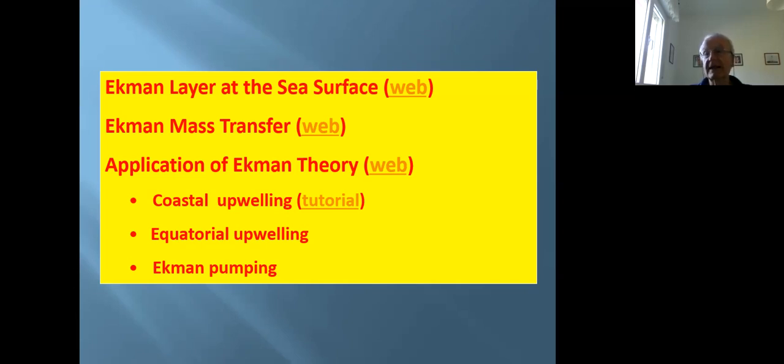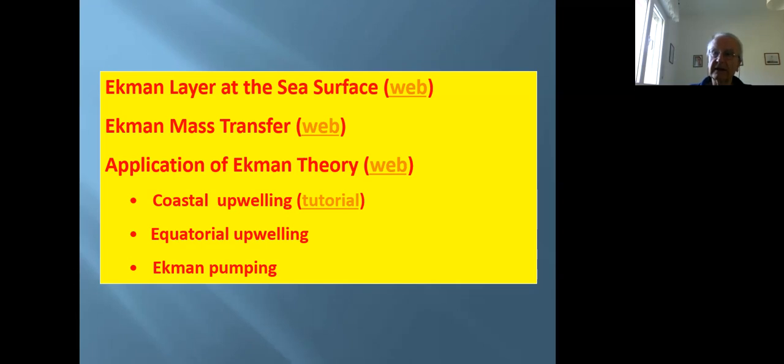We have the Ekman mass transport due to whatever is happening in the Ekman layer, and we have the application of Ekman theory.